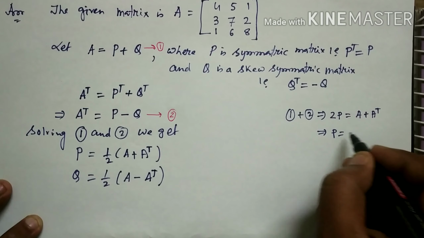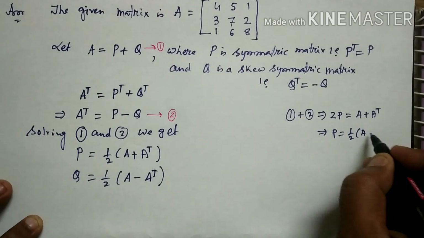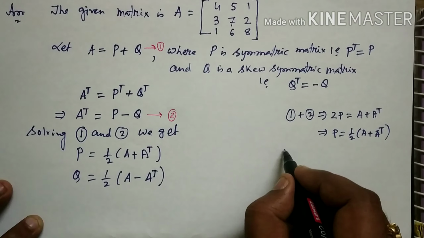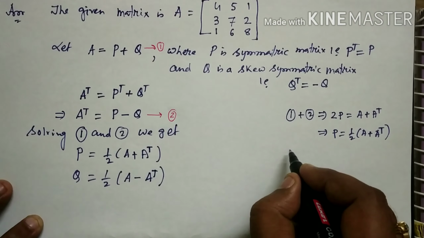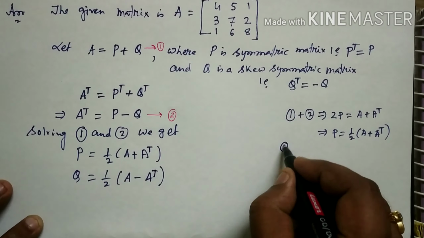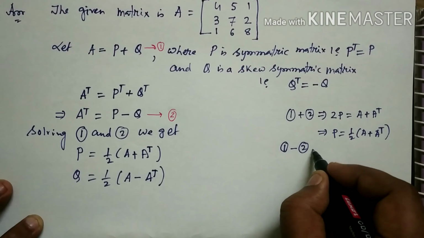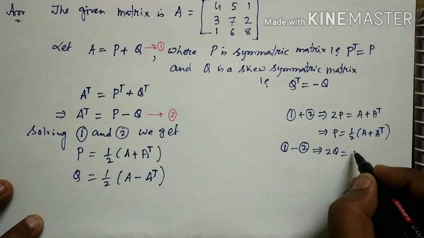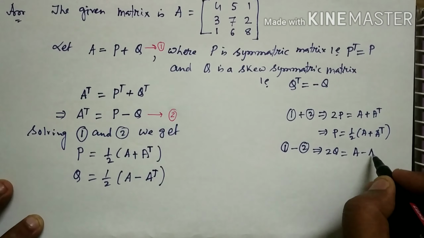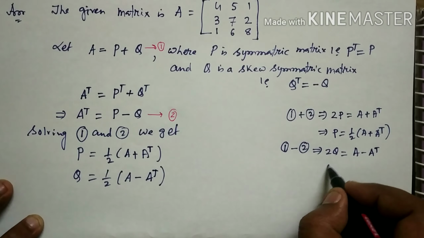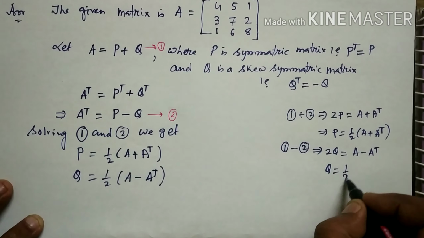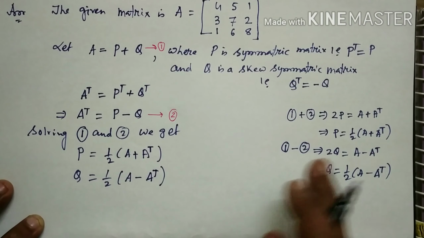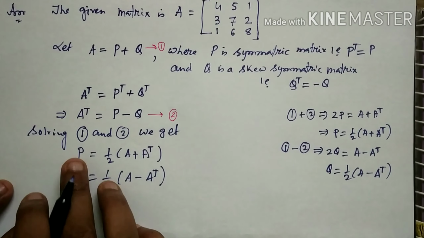This implies P is equal to half (A plus A transpose). Next, 1 minus 2 implies 2Q is equal to A minus A transpose. Q is equal to half (A minus A transpose). So this is the process by which you can calculate P and Q.